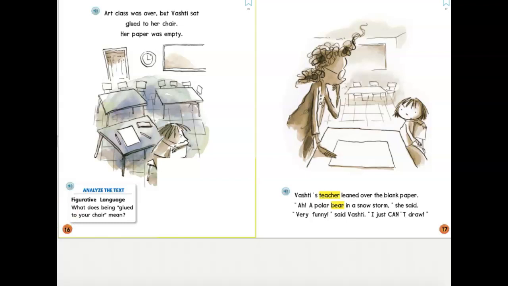It says that art class was over. Why do you think she was still sitting there? It says that her paper was empty. Do you know why she maybe hasn't drawn anything yet? Let's see what we can find out.